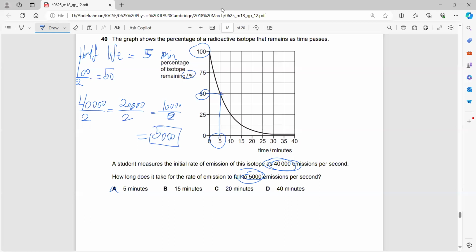We divided by 2 three times, so we used up 3 half-lives. Each of these half-lives is 5 minutes long. So 3 times 5 would be 15 minutes.